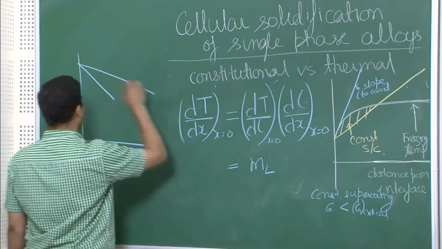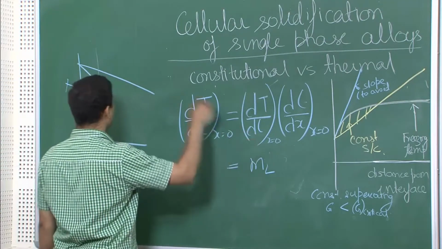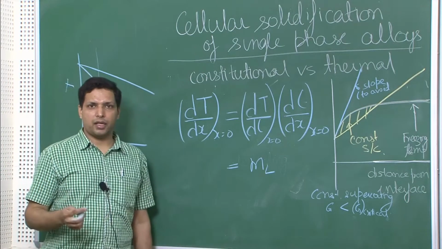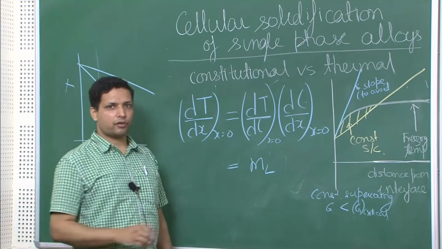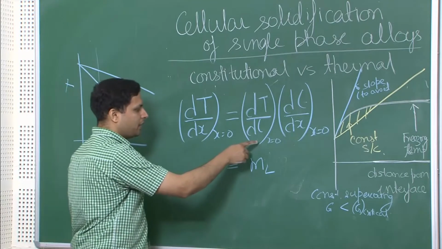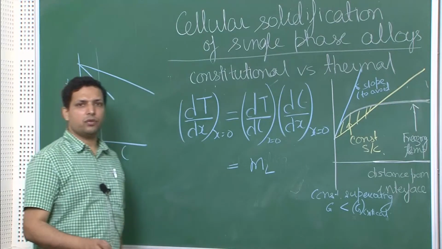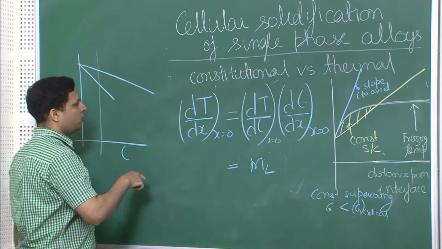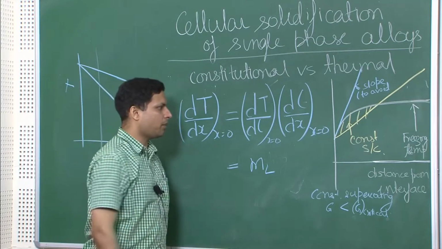Here T is on one axis and C on the other. When we say dT by dC, we are only asking for the slope, and you remember we have already taken it as a straight line, so this is a constant value. If we had not taken it as a straight line, then this dT by dC value would also be a function of x, but fortunately we have assumed a straight line. So no matter what composition you take, this dT by dC value would remain constant, which is equal to ml.